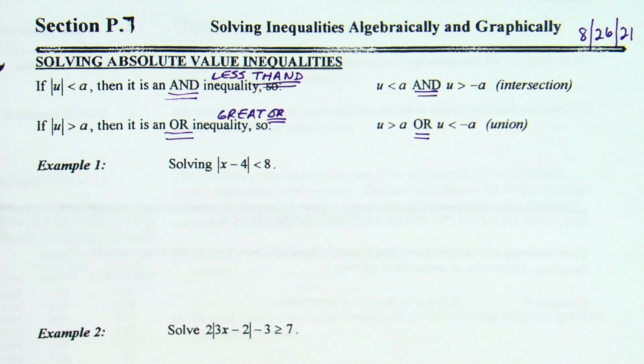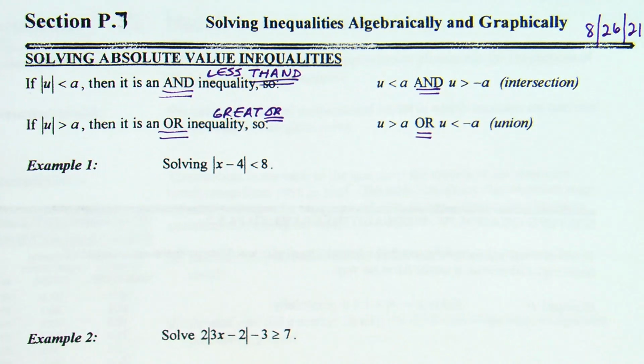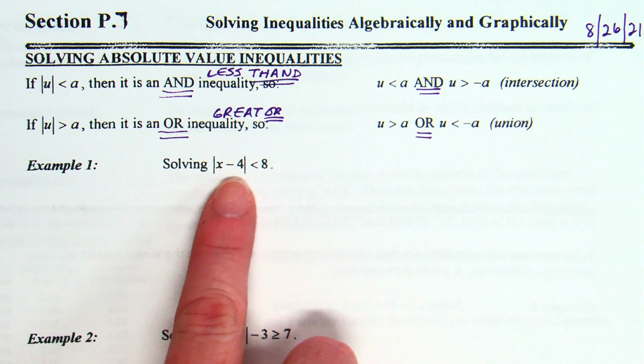Let's practice with example 1. The absolute value of x minus 4 less than 8. Right there, I see absolute value, so I know I'm going to have to set up two inequalities. First question that I teach in Algebra 2: is the absolute value isolated? Is my absolute value by itself? It is.